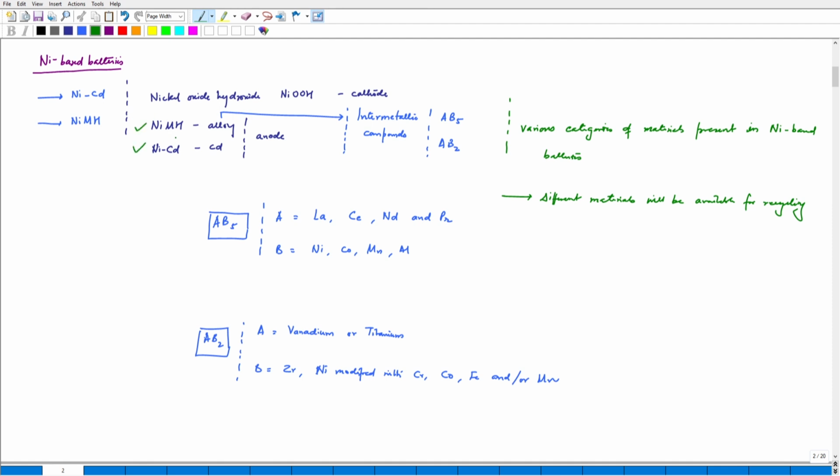If we are looking at NiMH AB5, NiMH AB2 versus NiCd. So we will have different materials for each subcategory of nickel based battery. Of course, some phase transformation can also be observed due to the service conditions or physical conditions, but generally speaking, whatever we are supplying in a battery, we are going to get only those types of materials.